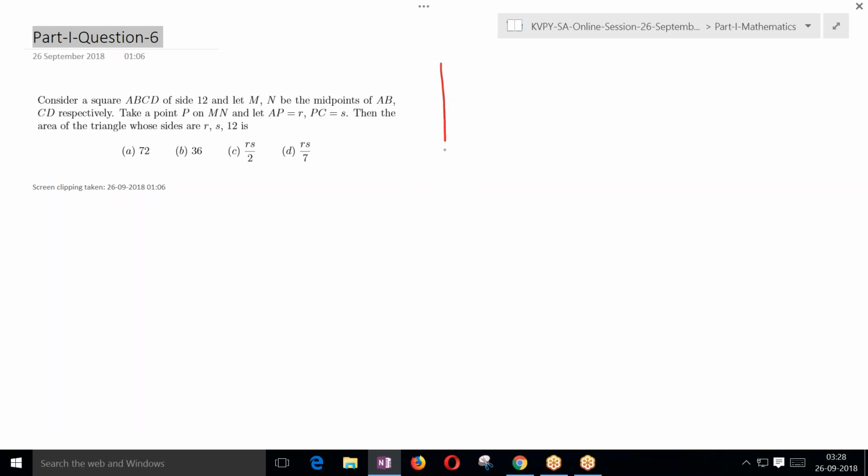So let's first draw the square. Suppose this is a square and we give the name of the square as A, B, C and D. Now M and N are the midpoints of AB and DC respectively.